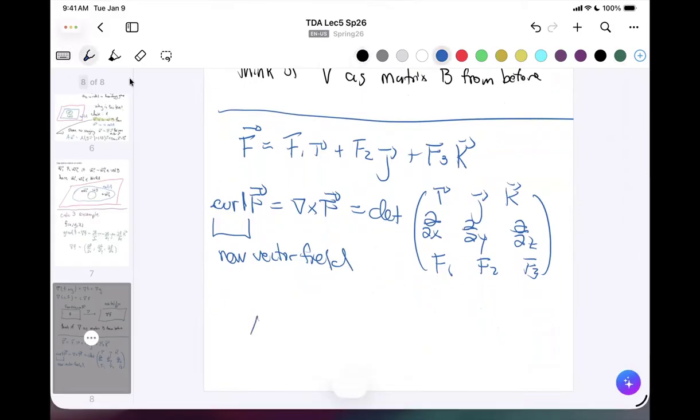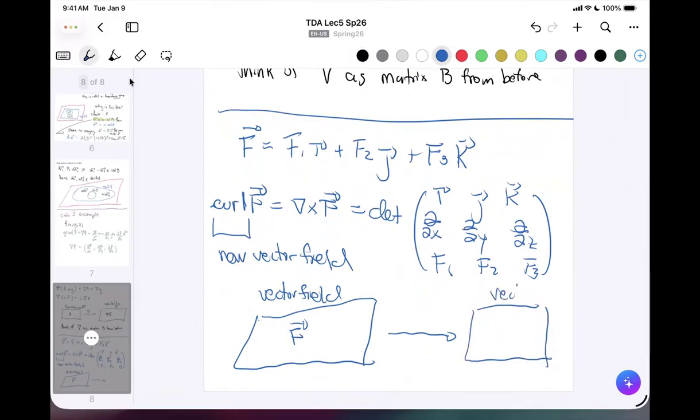It means that if you have the space of vector fields, and here you have a vector field F, you can take its curl and you get a new vector field. And I want you to think of the curl as kind of like the matrix A in this picture. So the curl is playing the role of the matrix A.